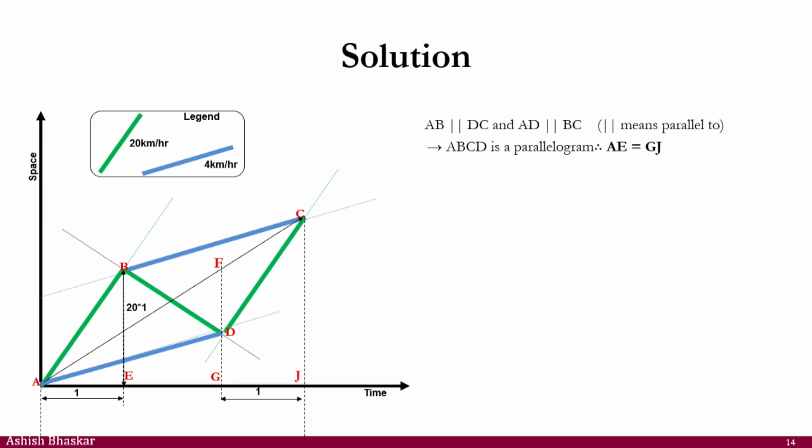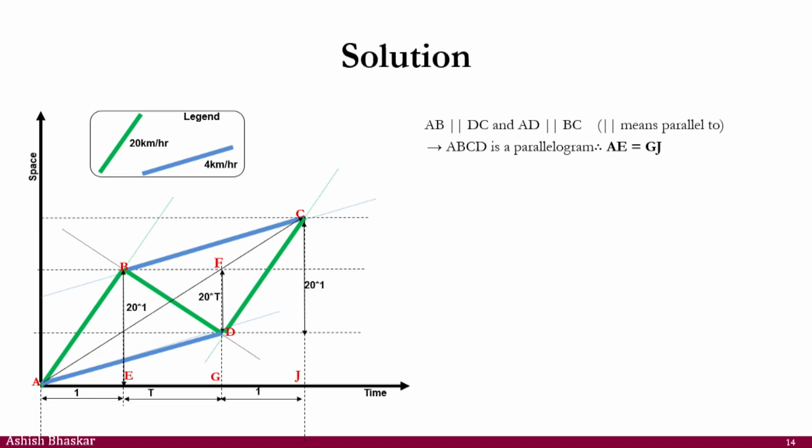If this is 1, this one should also be 1 because of the parallelogram property. So AE should be the same as GJ. And from there, you can find, okay, this is 1, then this height will be 20 times 1, because this is 20. And you just keep on solving it.